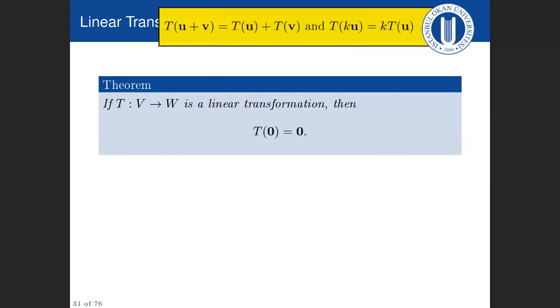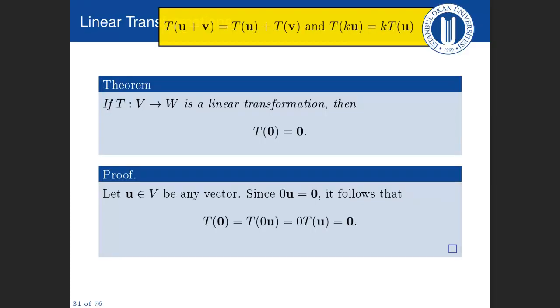Theorem: if T is a linear transformation, then T of the zero vector is equal to the zero vector. And let's prove this. Let's prove it by saying let U be any vector, and then we're going to use the fact that the number 0 multiplied by U is equal to the zero vector.